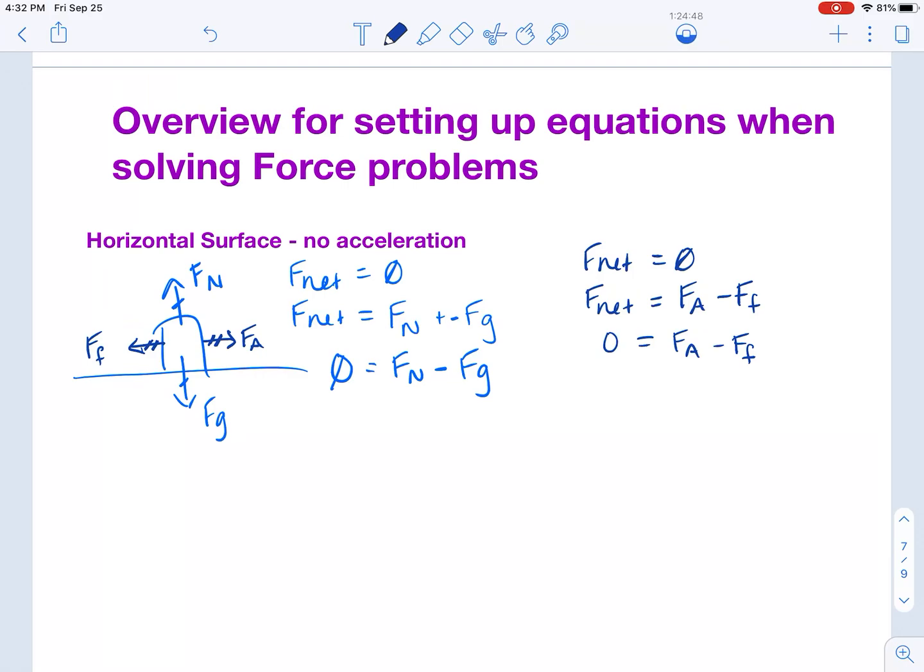So I may be pushing my box across the floor, continually applying an applied force to it, but it's also continuing to receive that frictional force. And so my applied force and its frictional force are going to cancel each other out so that the net force is 0. Okay, so this is the idea behind how we set up relationships whenever there is no acceleration.